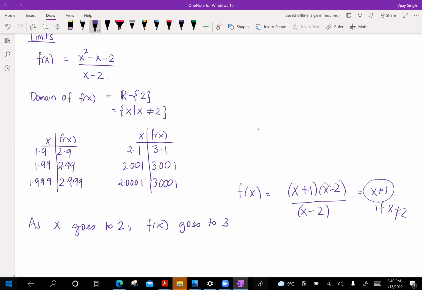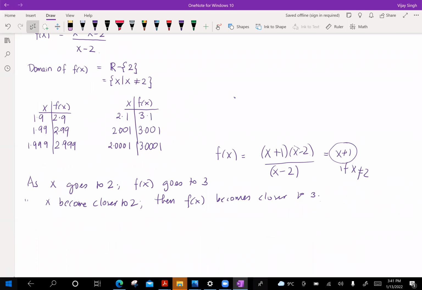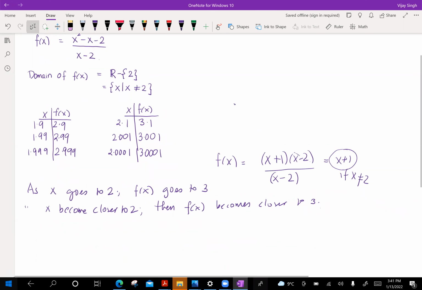As x becomes closer to 2, then f of x becomes closer to 3. This is the concept of limit. So even though the function is not defined at 2, the limit of this function as x approaches 2 is 3. So let me write down what I mean by that.